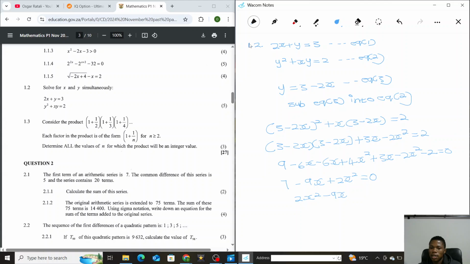The formula says x is equal to minus b plus or minus the square root of b squared minus 4ac, divided by 2a.